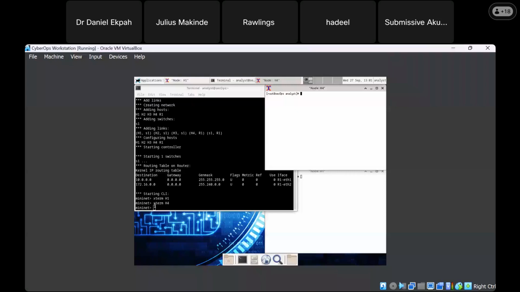Here we're told to start the web server on h4, and then we run lab.support.files/scripts/reg_server_start.sh.